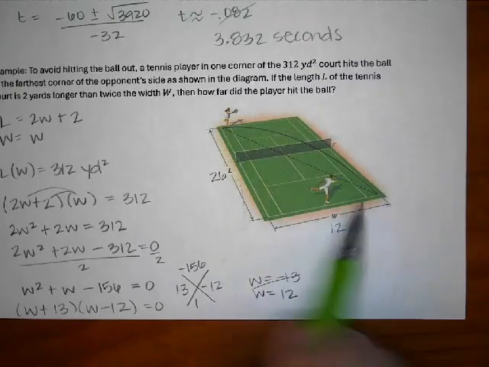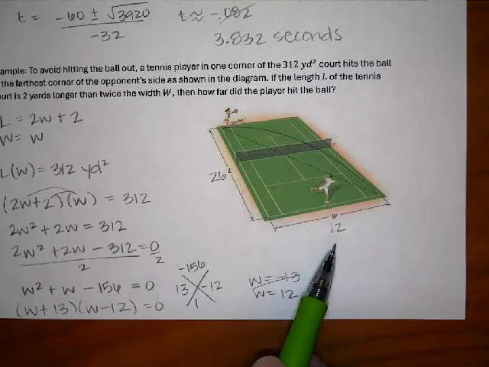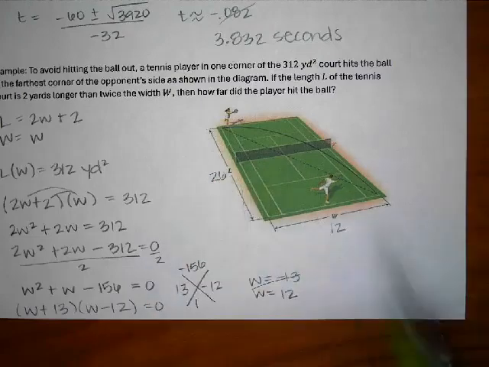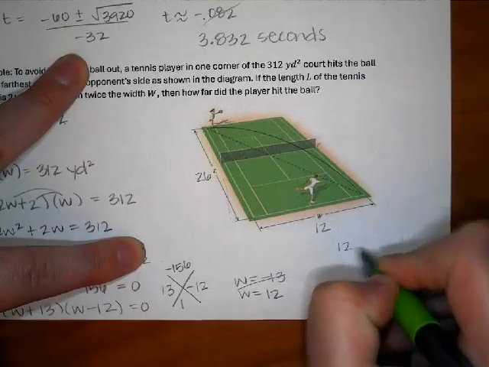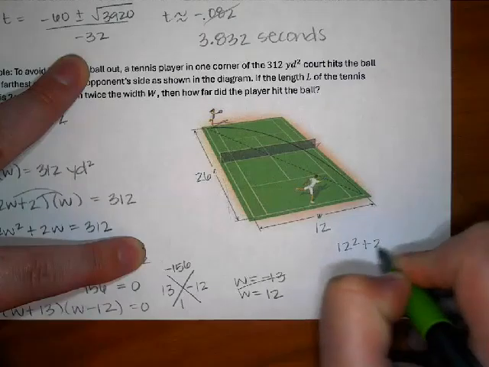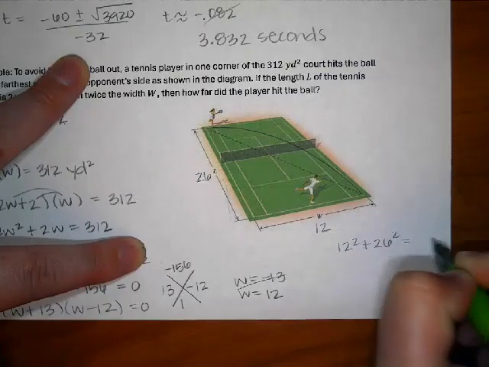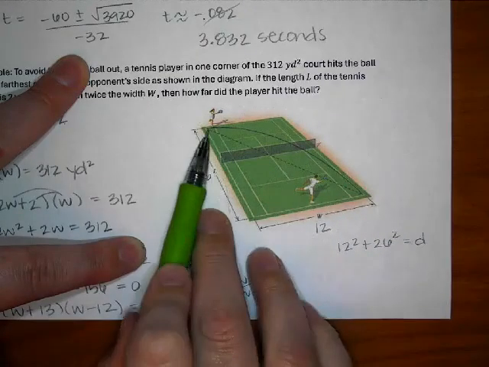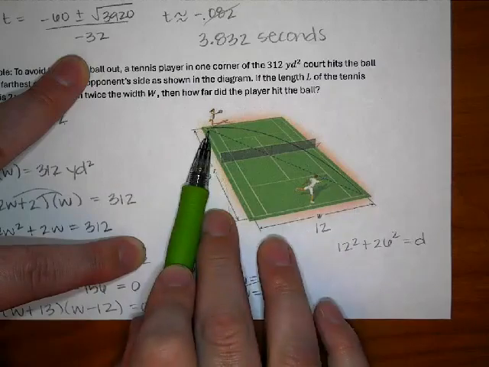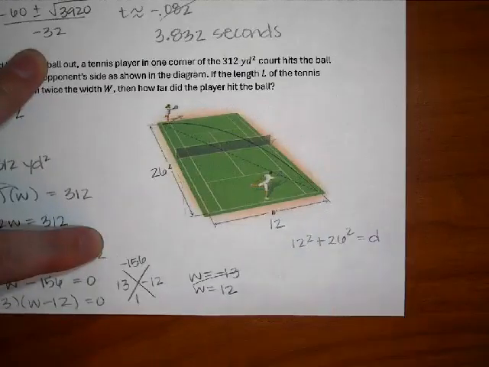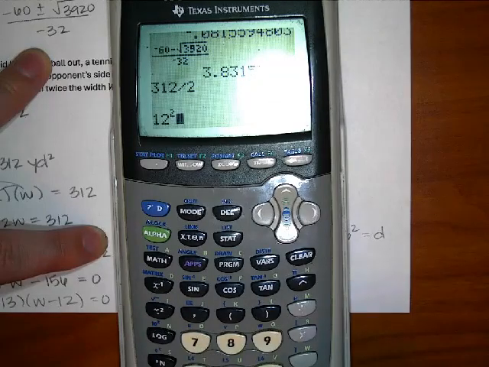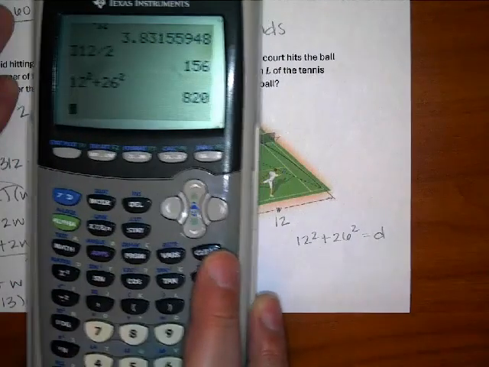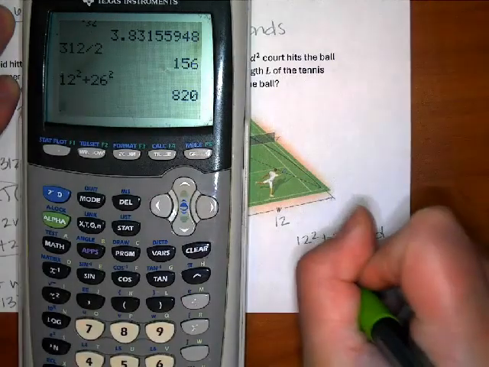So I'm going to say 12 squared plus 26 squared equals the distance that the tennis ball traveled from one corner of the court to the other corner of the court. 12 squared plus 26 squared is 820, excuse me, I missed the squared here, equals the distance squared.